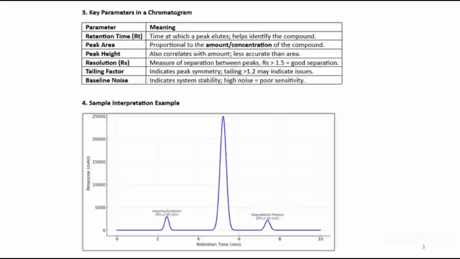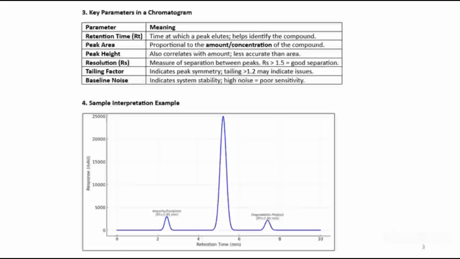Resolution, represented by Rs, is a measure of separation between the peaks. Rs more than 1.5 means good separation is there. So separation and resolution should be there. Tailing factor indicates the peak symmetry. If tailing is more than 1.2, it may indicate issues.